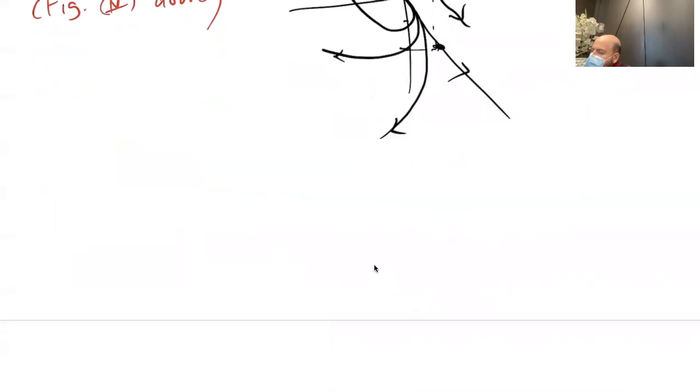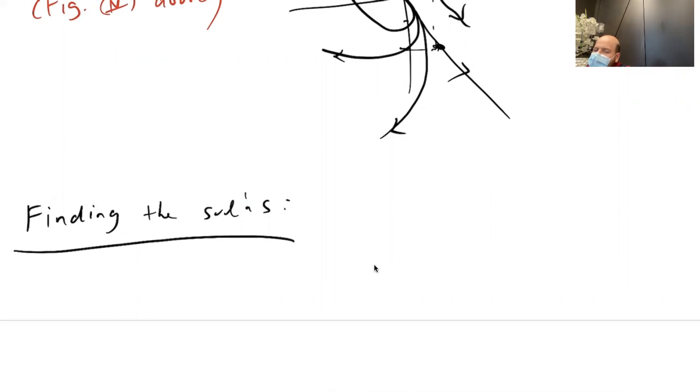What about finding the solutions? So, what were the solutions? For solutions, if you remember, we needed C1 and lambda, which we already found.